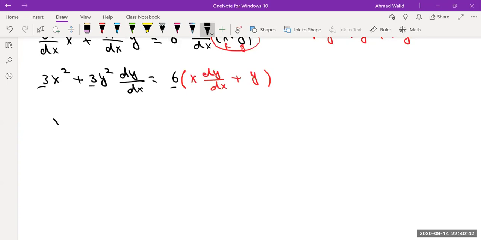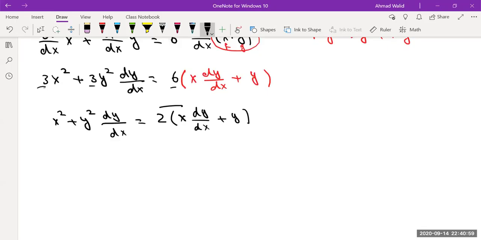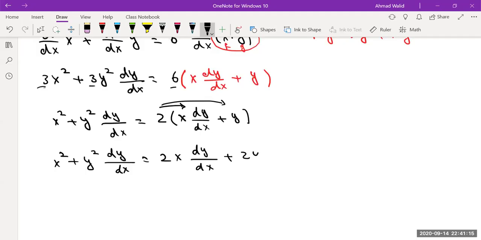If I do that, I'll end up with x squared plus y squared dy dx equals 2 parentheses x dy dx plus y. Now, distribute 2 to the parentheses: x squared plus y squared dy dx equals 2x dy dx plus 2y.